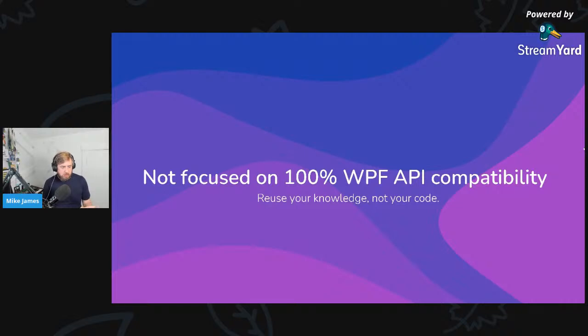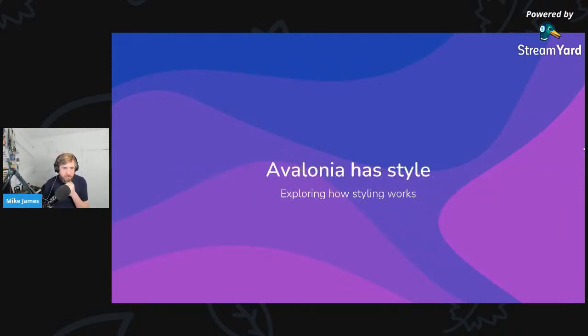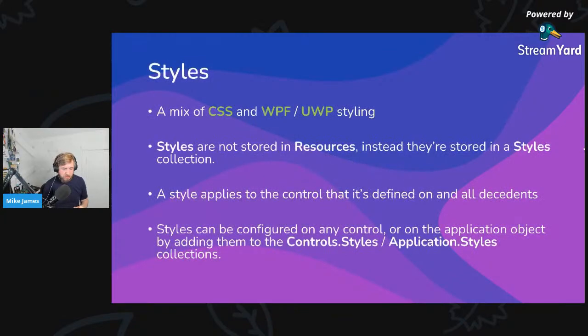So let's have a look at some of the differences, because as I say, it's not all entirely the same. There have been improvements within the API. So Avalonia has style. I say that as a little joke, but the style system within Avalonia is quite a departure, really, from WPF. So it's kind of a mix of WPF and UWP and CSS.